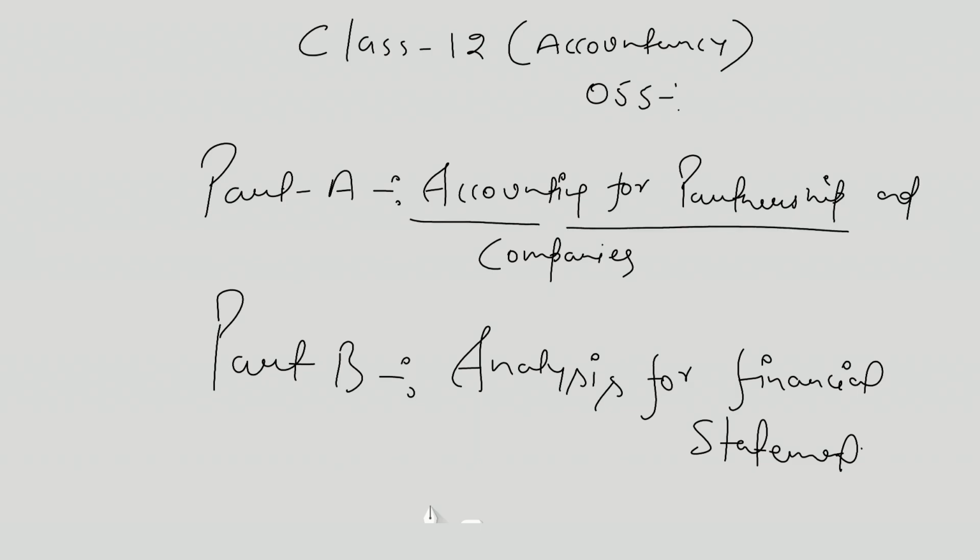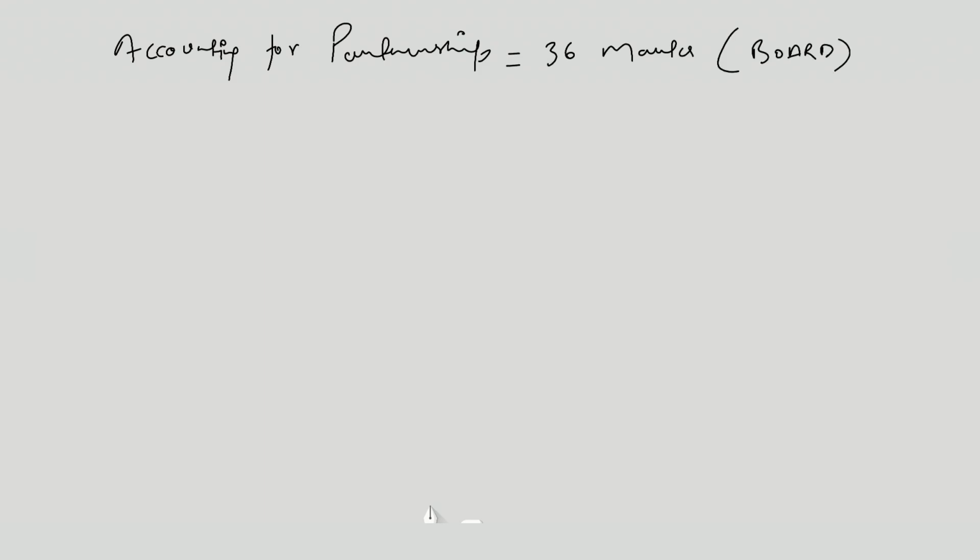Accounting for partnerships contains 36 marks in our board exam. Almost 45% of your entire syllabus.